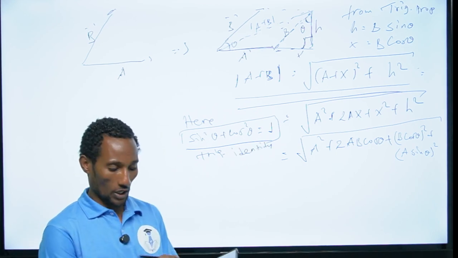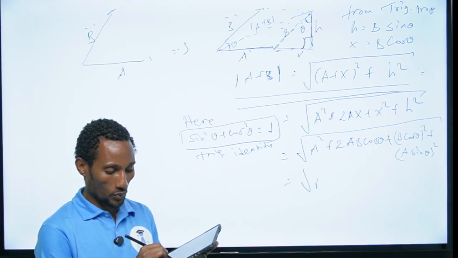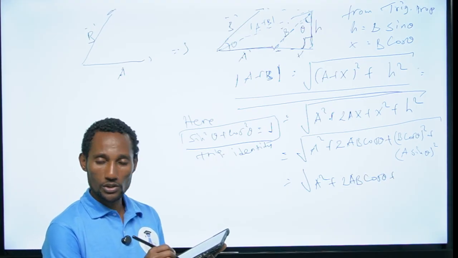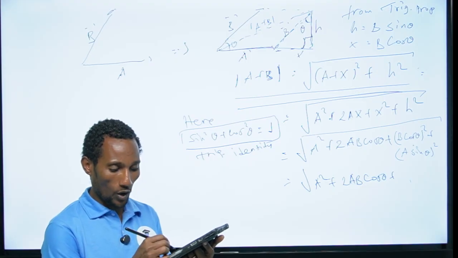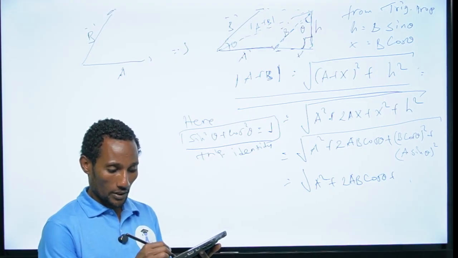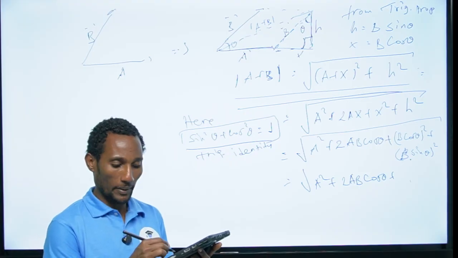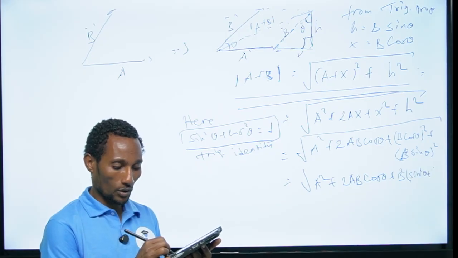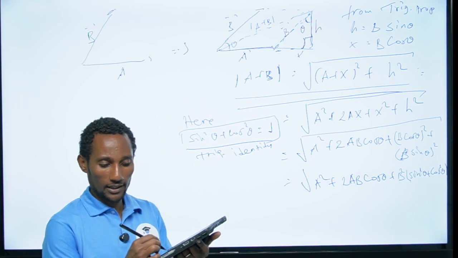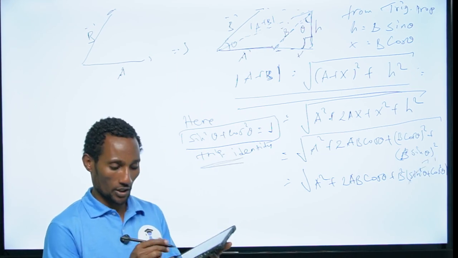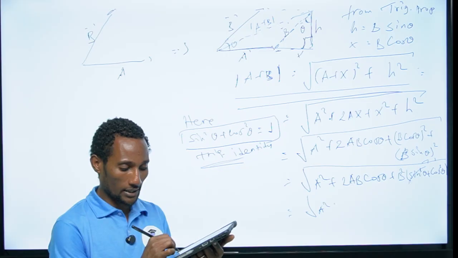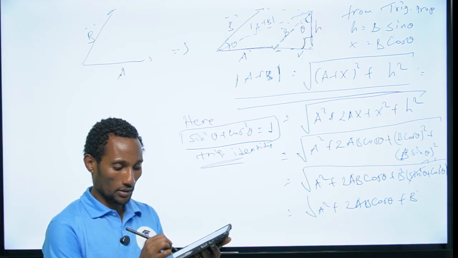With the trig identity, we have the square root of a square plus 2ab cos theta plus the sum of this, which is b square into sine square theta plus cos square theta. This results in 1, having that trig identity. So by having this, we have the square root of a square plus 2ab cos theta plus b square.